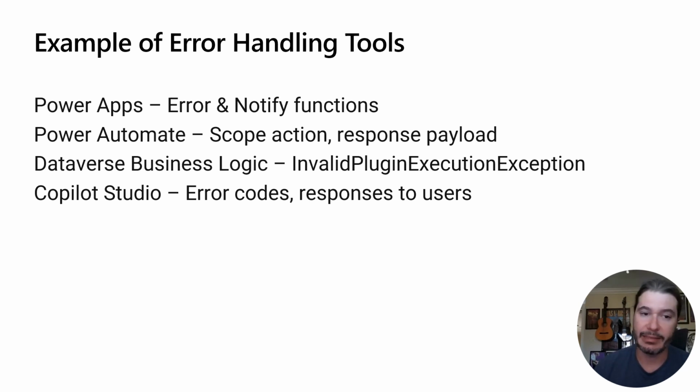In Power Automate, I've written lengthy examples of how to create try-catch blocks, how to implement error handling within Power Automate. You can find that in the Monitoring the Power Platform series that I wrote. The scope action is fundamental to that. So review scope action and how you can configure subsequent actions based on the output of the scope action. And then you also consider the response payload.